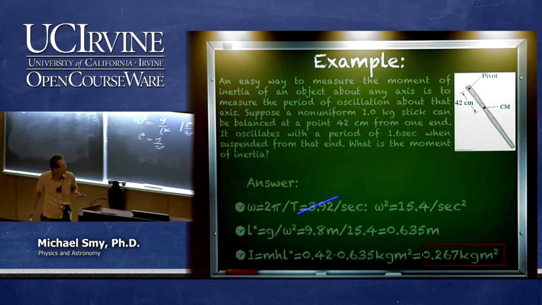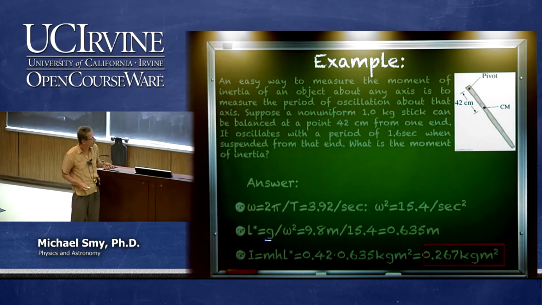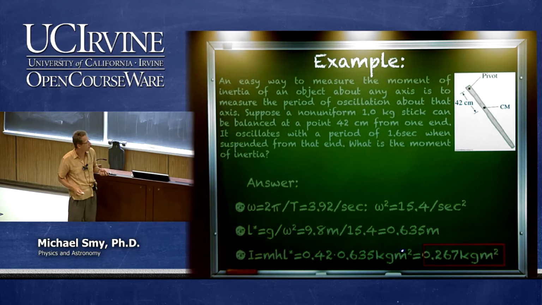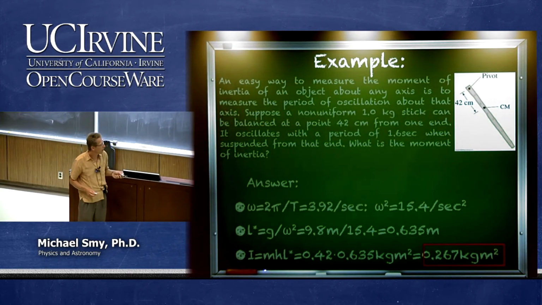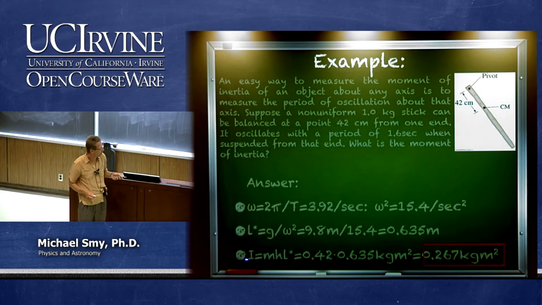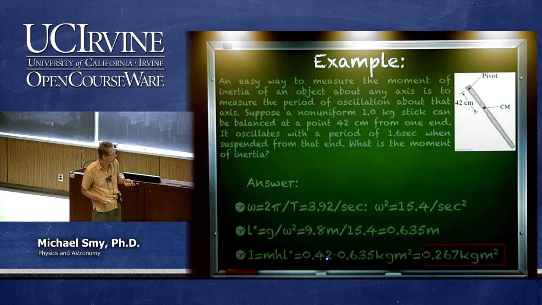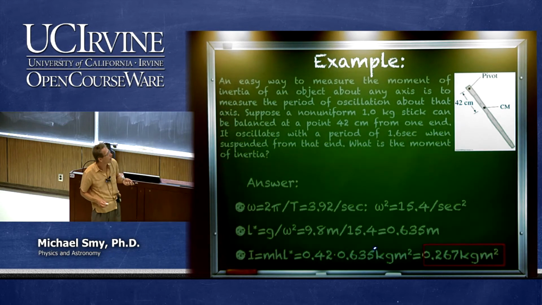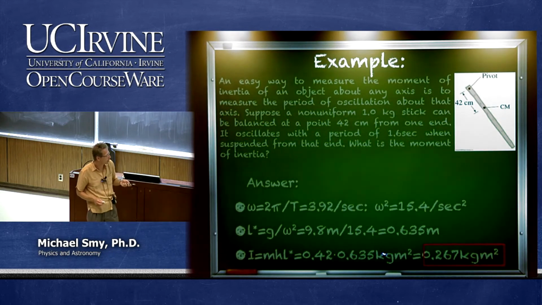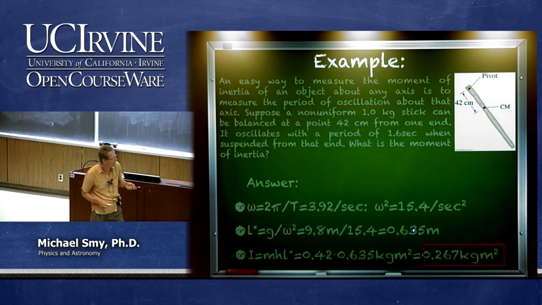If we do that, then we can calculate the reduced length as 0.635 meters. We can then use the formula that relates moment of inertia and reduced length to calculate the moment of inertia. So this is the 42 centimeters, or 0.42 meters, times the 0.635 meters. And the mass is 1 kilogram. If we do that, then we get the actual answer.